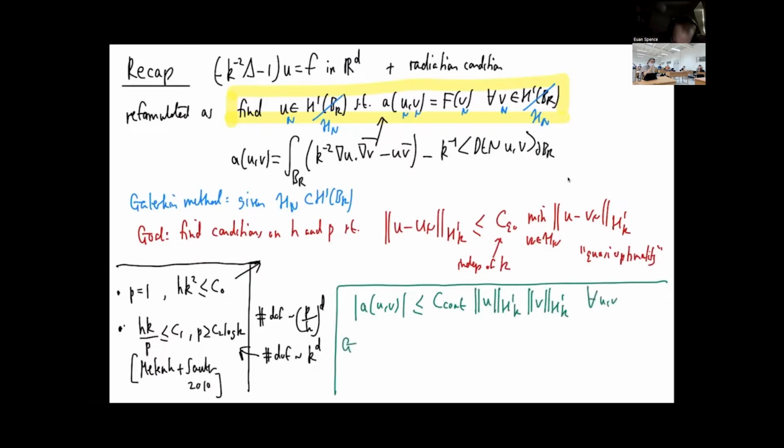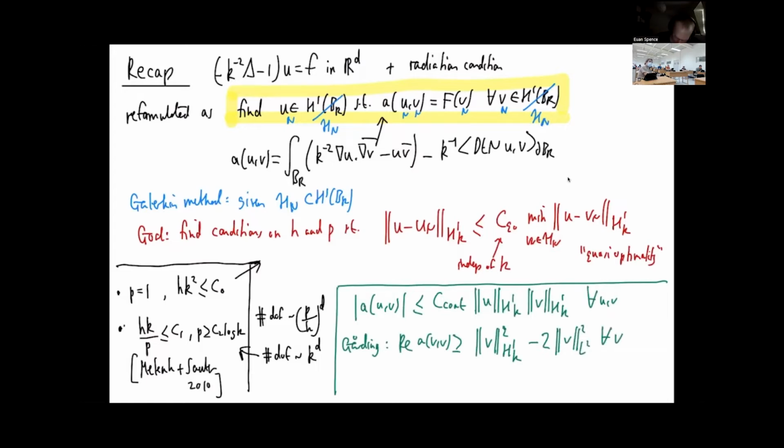And then we had this Gårding inequality, that the real part of A(v,v) is bounded below by the H1_k norm squared minus then some L2 term.